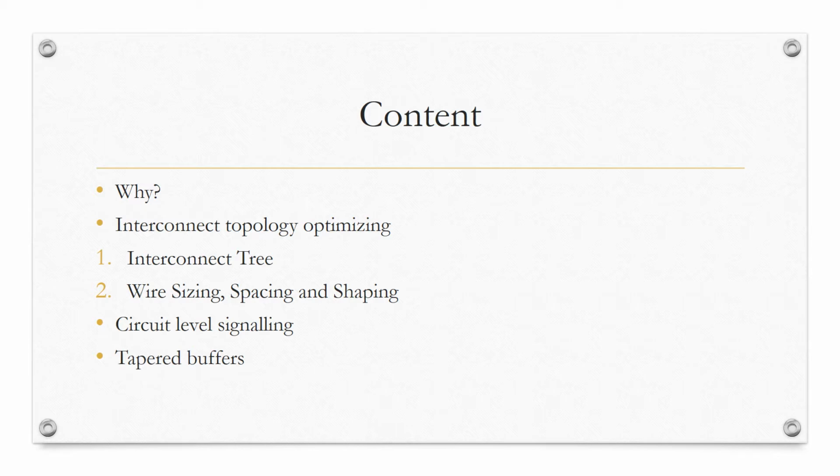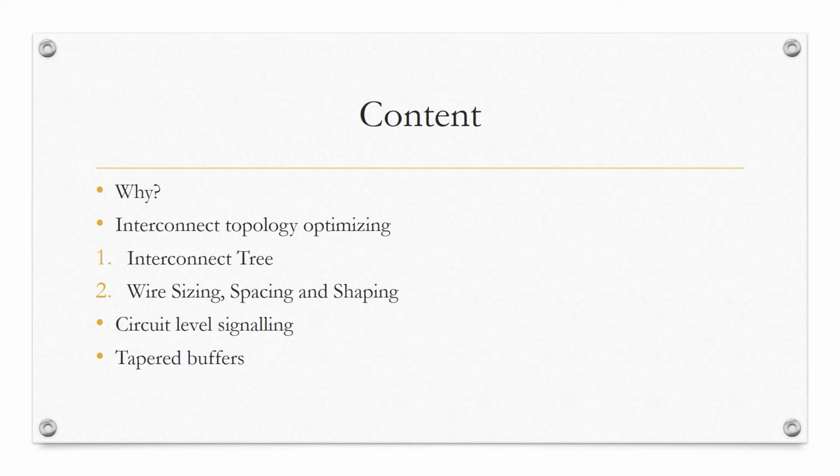So we'll see here various ways to model this interconnect network, starting from various methods to reduce the overall length of the global wire, then improving delay, speed, area, and power dissipation, and the effect of wire sizing, spacing, and shaping. Then we will see the tapered buffer, which is used to deal with large capacitive loads.